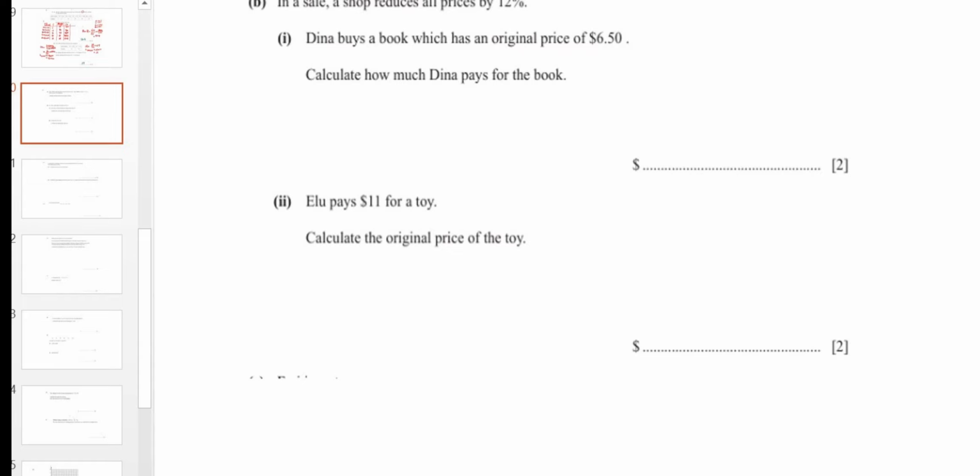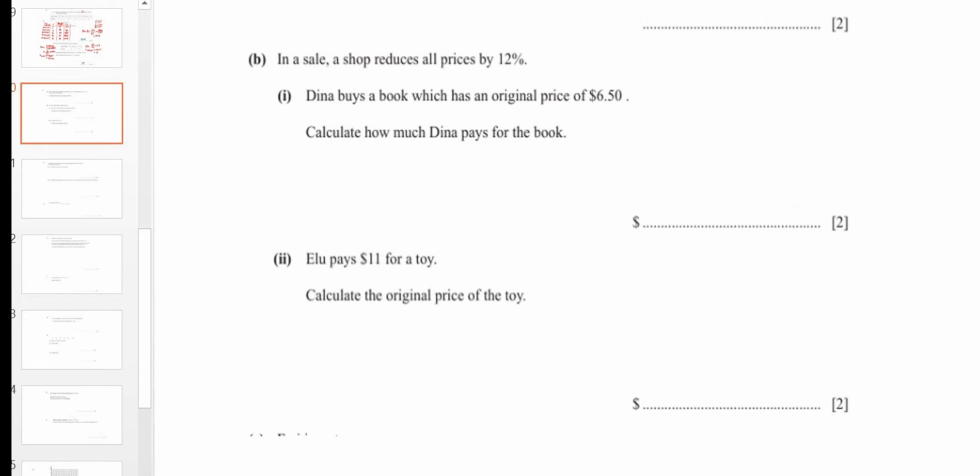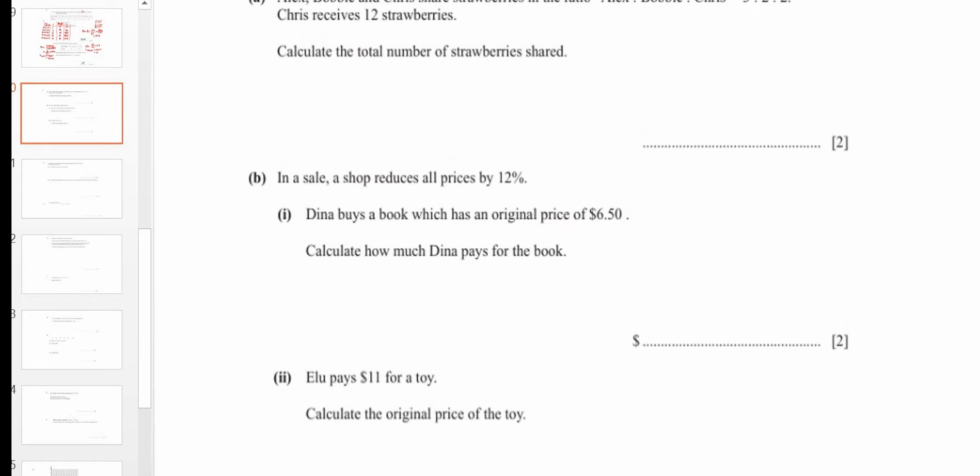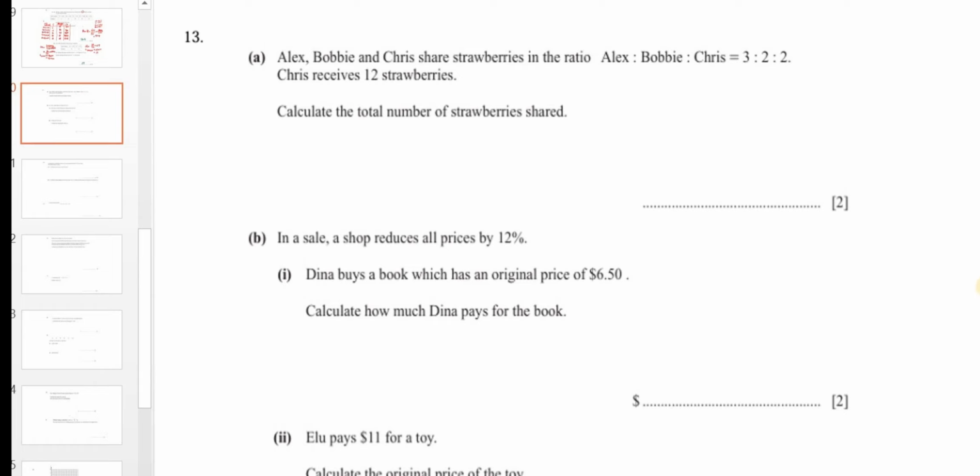Then the next question. The next question is number 13, which is on ratio.